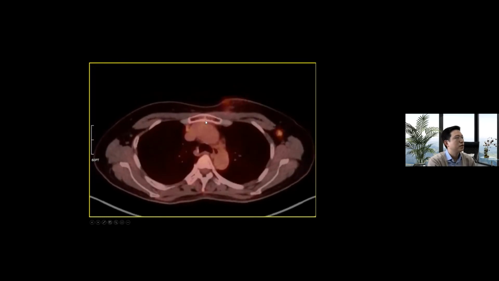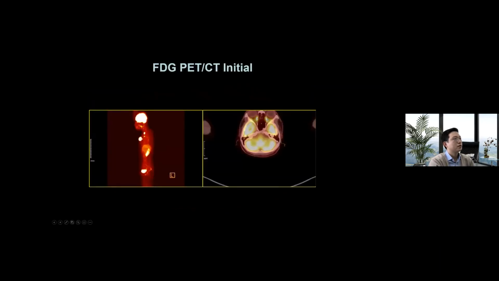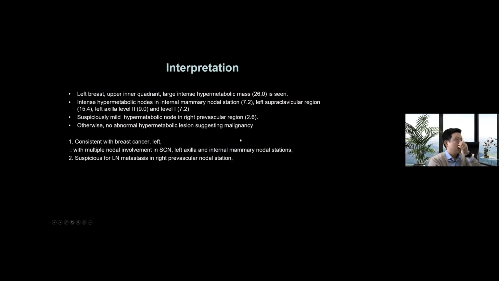And also, here is a small yet slightly increased FDG uptake in the prevascular area. So this could be metastasis as well, but it's not sure because it's not a common area for breast cancer.